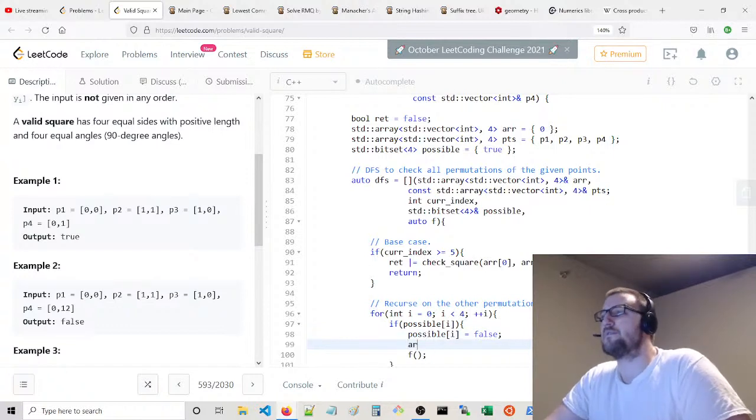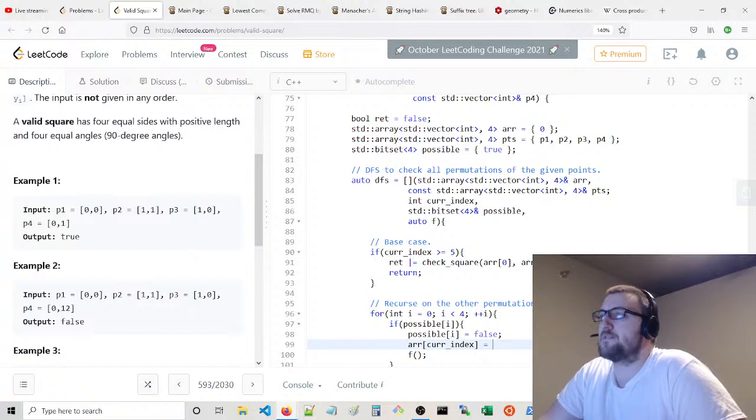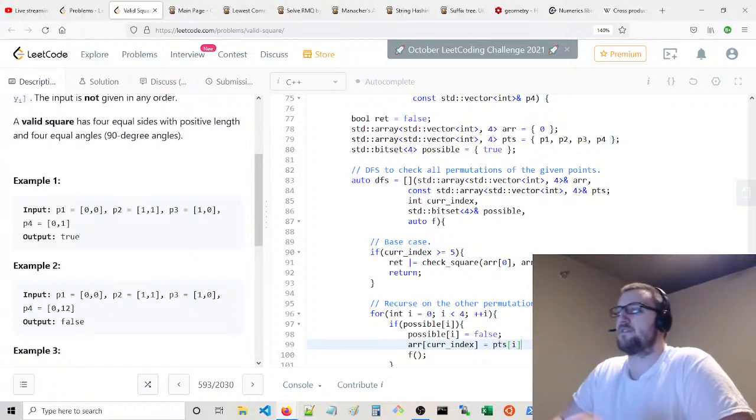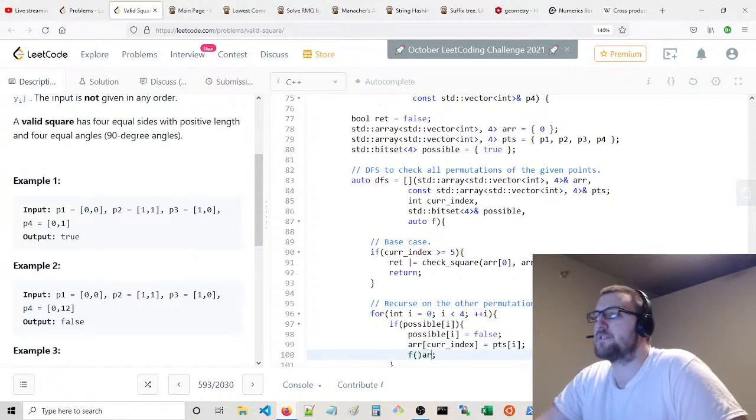We will set array of current index equal to points of i, and recurse with each of these things, array, points, current index plus 1, possible.